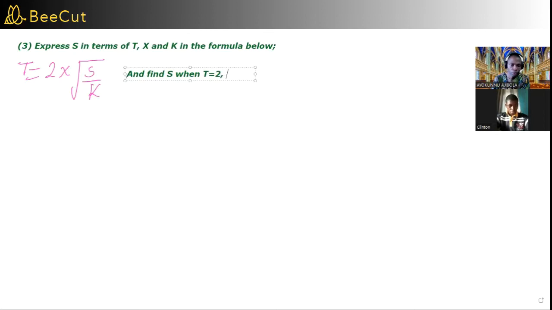That means you must first find the formula for s. Make s the subject of the formula first. After making s the subject, you now substitute the values of t, x, and k so that you can find the actual value of s.